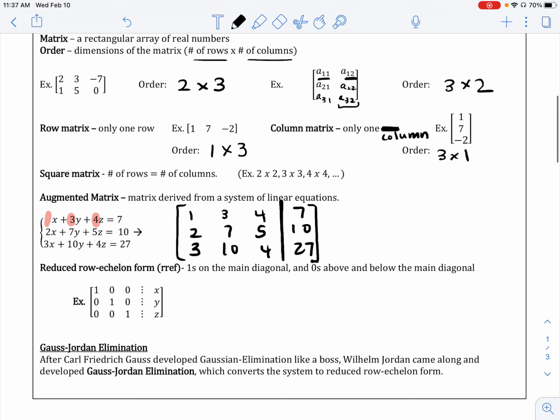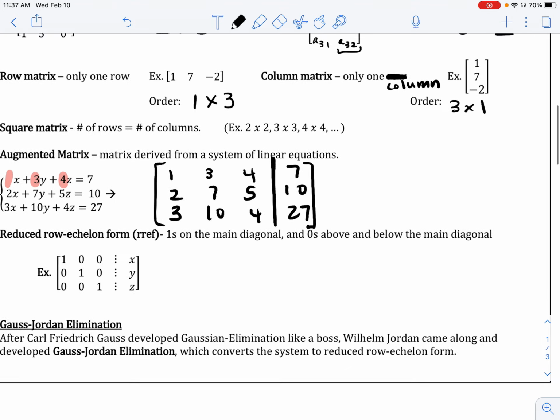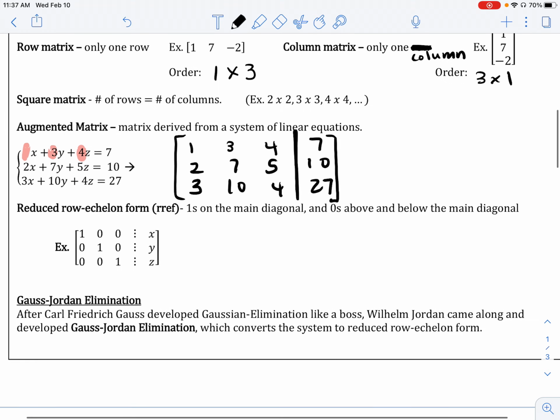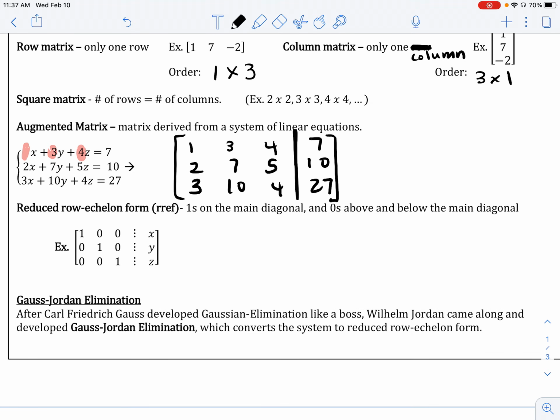Now, something that we're going to discuss today is the process of taking a system that's written as an augmented matrix, or even if it's not written in matrix form, if we just take a system and we write it first off in row echelon form, or REF, as we discussed in our previous videos. And then we continue on to have zeros everywhere else.